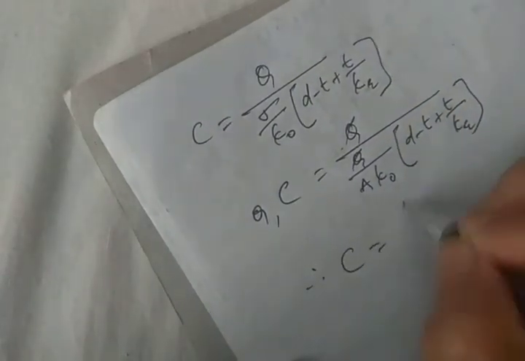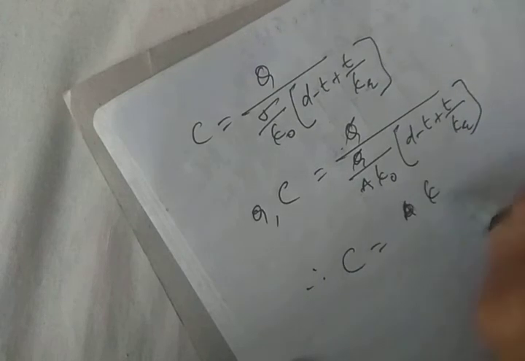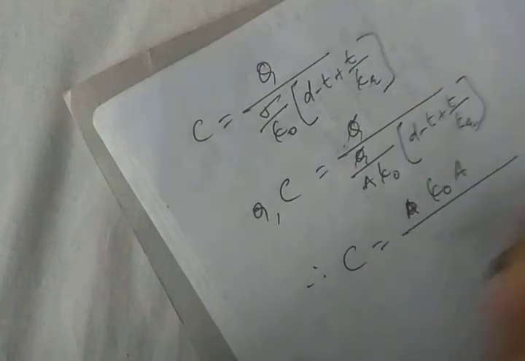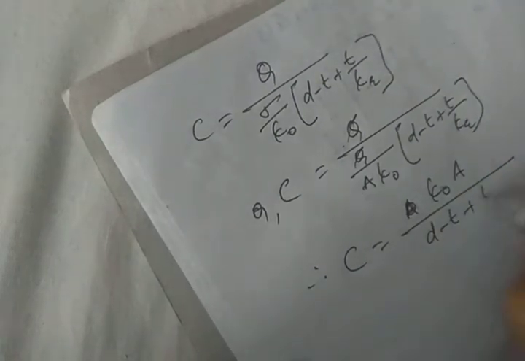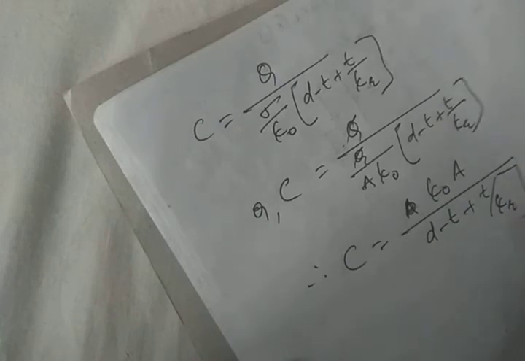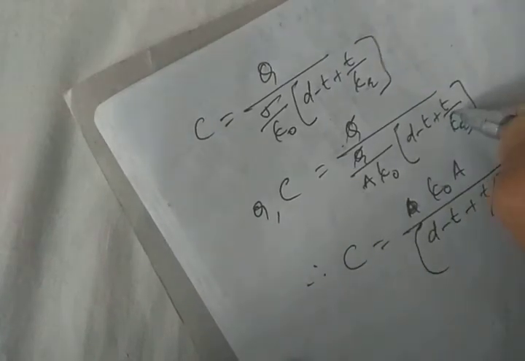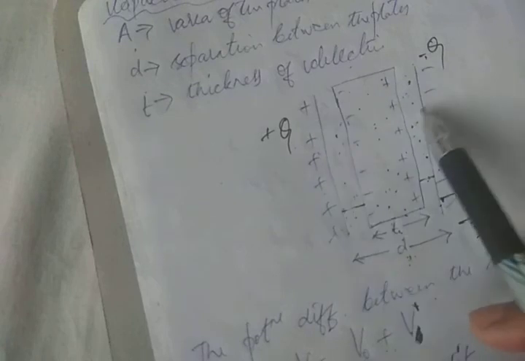Therefore, rearranging, what I get is C is epsilon naught A divided by (d minus t plus t by epsilon r). So this is the expression for the capacitance of a capacitor when the space between the two plates is filled up by a dielectric. But mind you, the dielectric is not completely filling up the space.